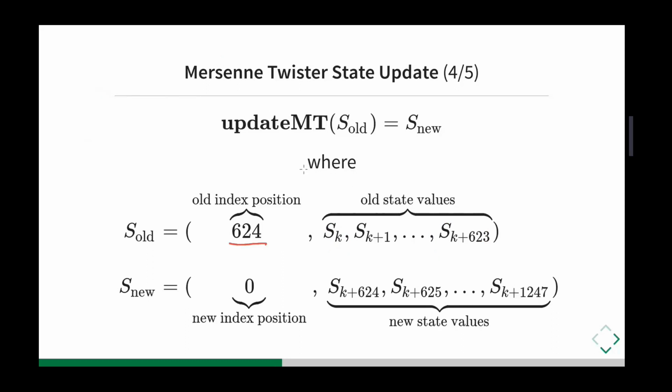When I do this update, I reset the index position, and then I update each of them to new numbers. So S_k becomes S_(k+624), S_(k+1) becomes S_(k+625). They are all 624 different numbers, the new state values. Once again, I'm not showing the details of how the update MT function works, but it exists.